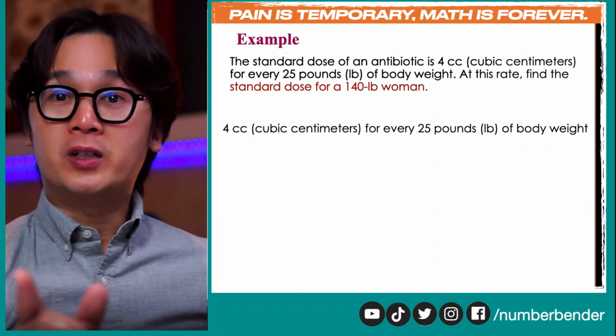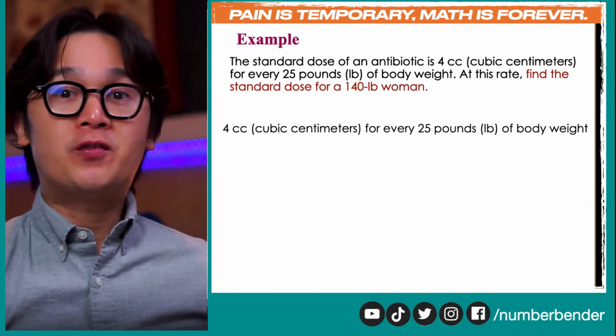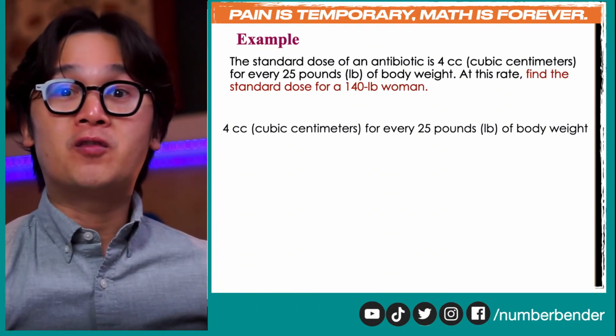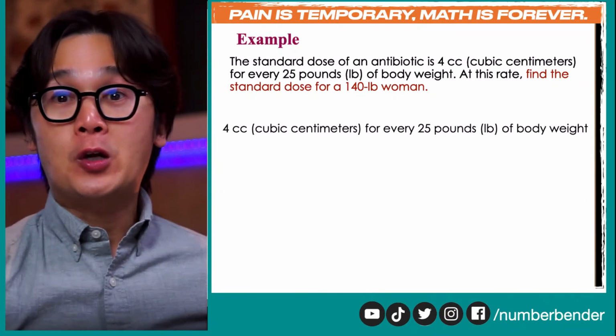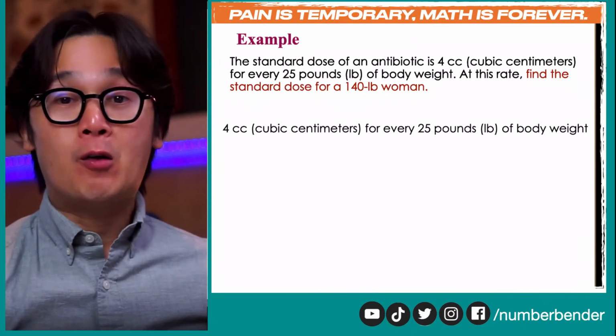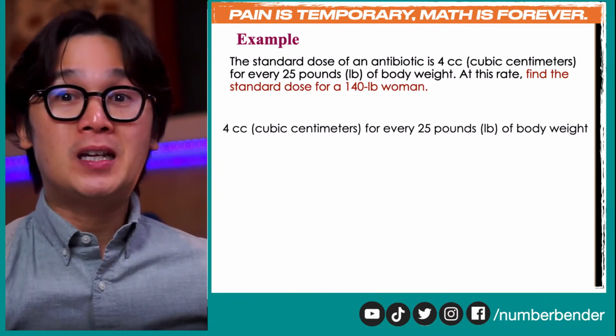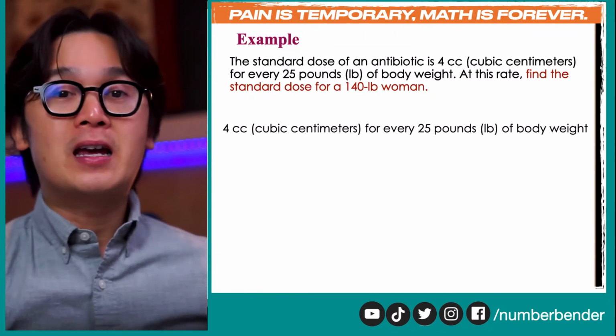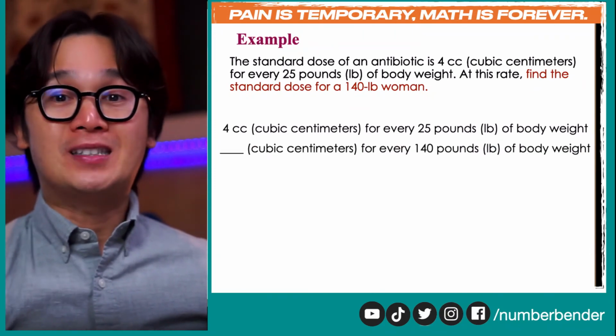Now, in our word problem, we need to find the standard dose for a 140-pound woman. So we are given the weight, and now we're looking for the cubic centimeters or dosage that we're going to administer to this weight.